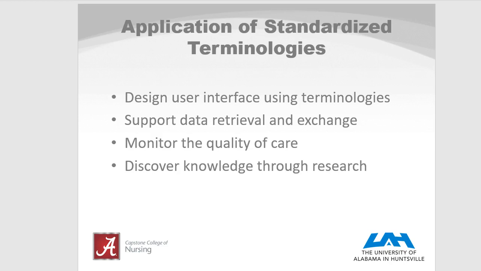It's very important that we have standardization, that we have this quality of terminologies. This will only support the data retrieval and exchange that occurs with the data that's collected.